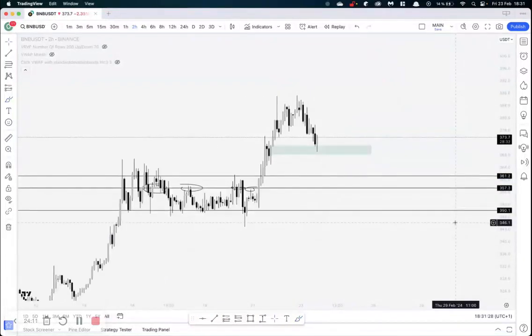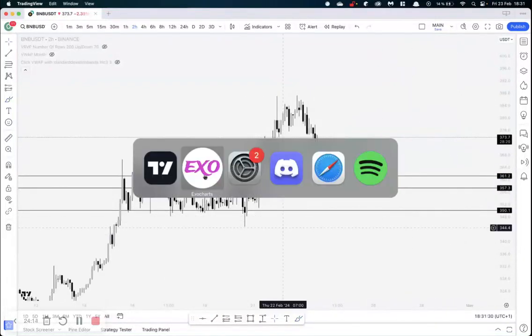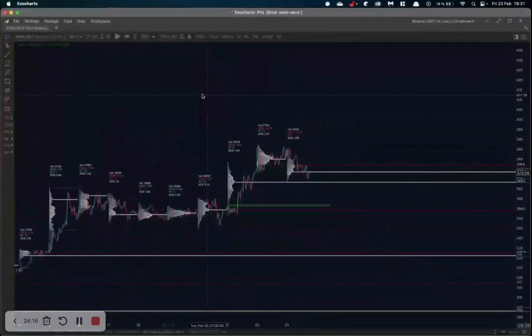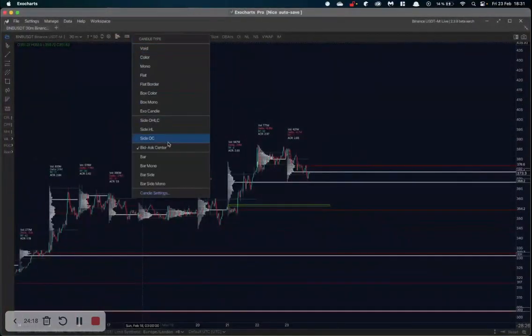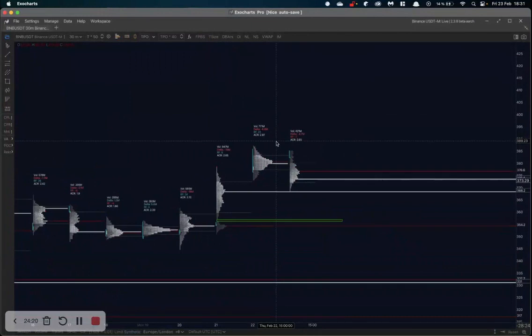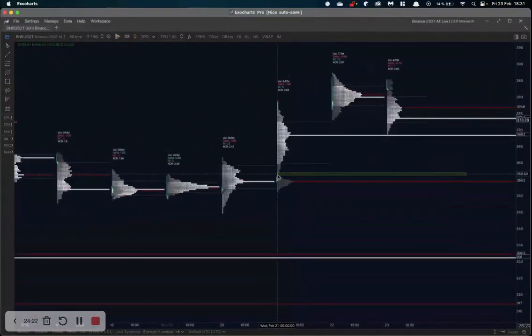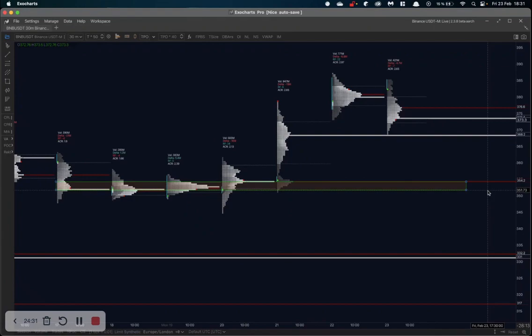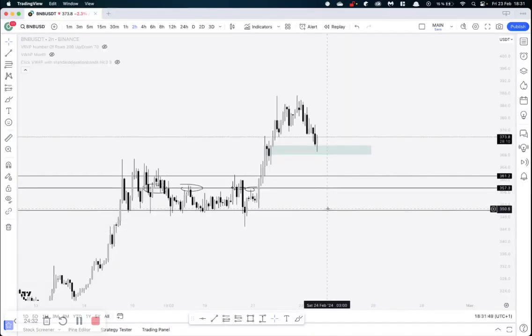Now we'll look for some places where fair value has been established. So we'll go back here, turn off the candles for now, because it makes it easier to spot. So this entire area here was where fair value was established. So bottoming around 351, so right around our support here.